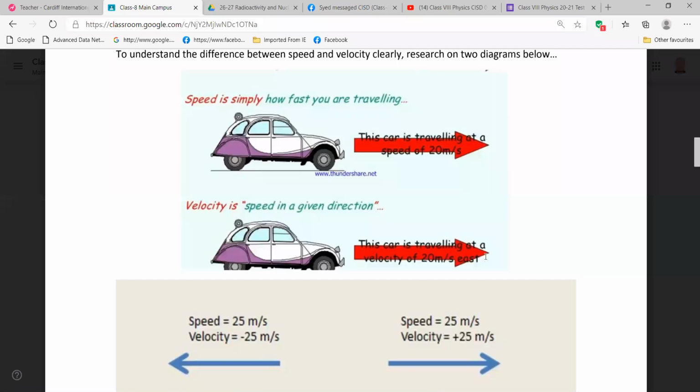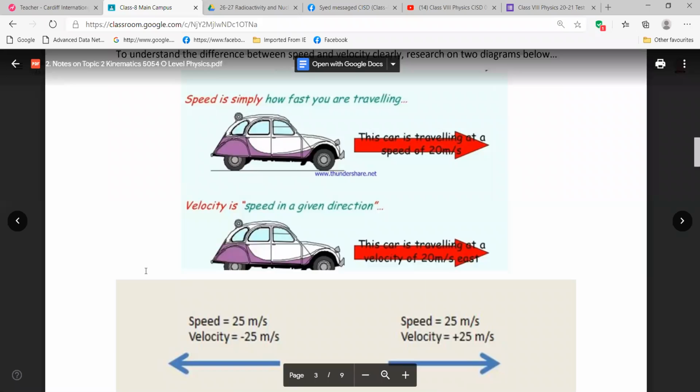The car is traveling at a velocity of 20 meter per second east. So here we are adding this direction, east. We can also say it is going west, it is going right side, it is going backwards. This way we can give the direction. Is it clear?